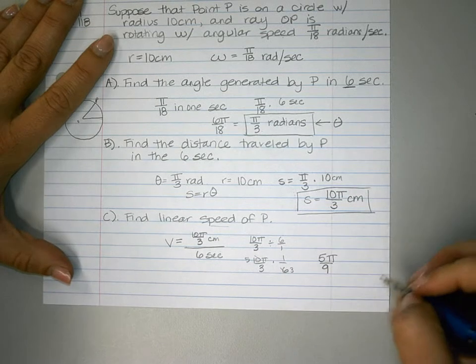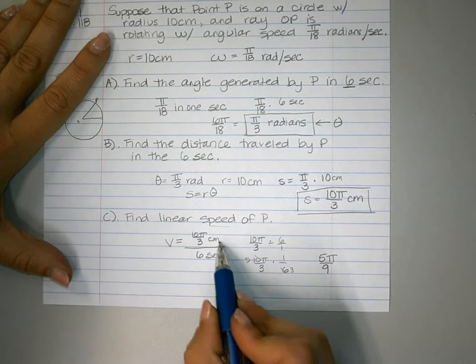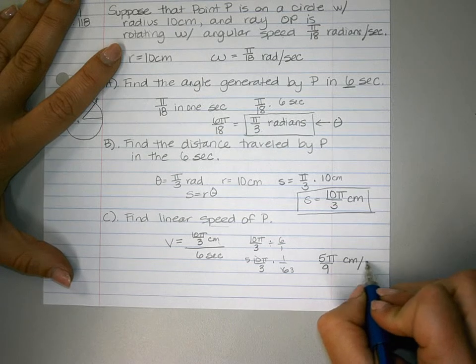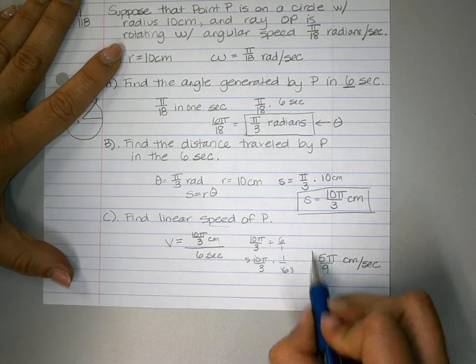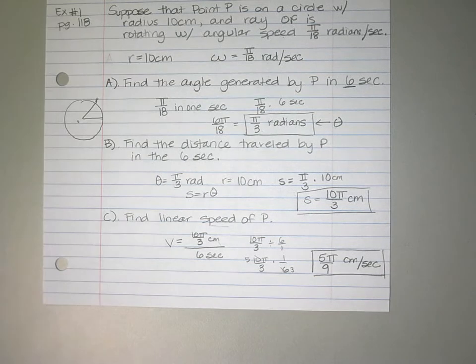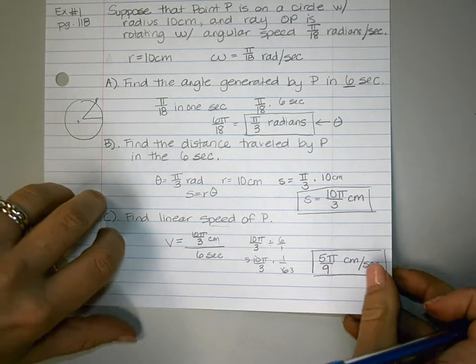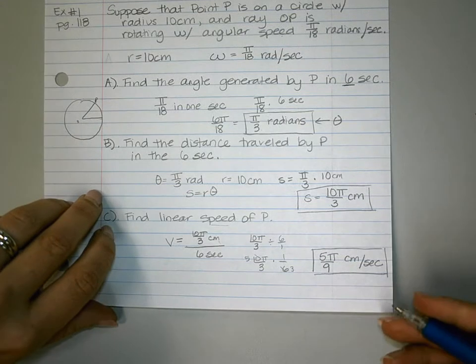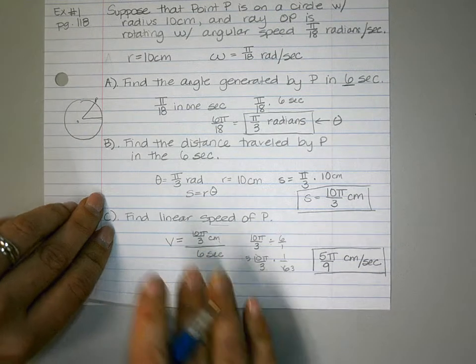And what are our units? Centimeters per second. Linear speed, how far has it traveled in 1 second? So that's one type of problem you're going to see, and that's probably somewhat as tricky as it comes. All right, then we have types of problems that are a little bit more chug and plug.